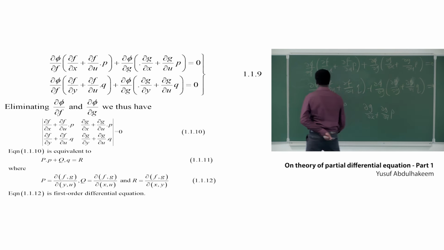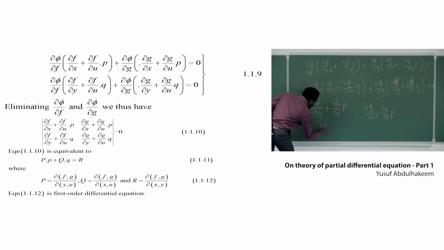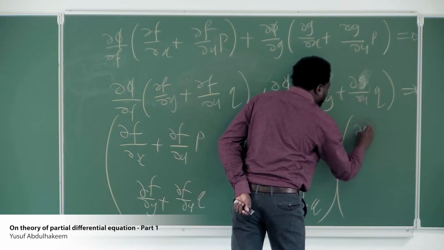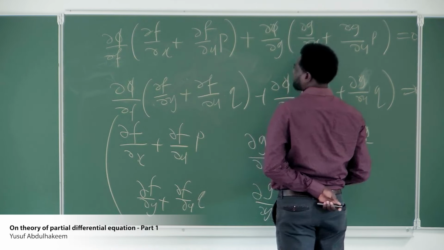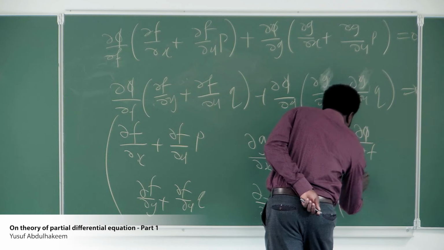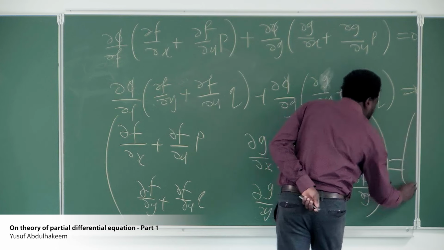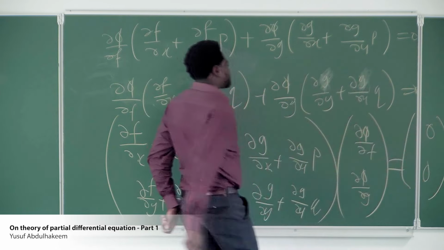Then the next one we have ∂f/∂y plus ∂f/∂u, then we have q, then we have ∂g/∂y plus ∂g/∂u, then we have q. Then here now we can have our ∂φ/∂f and ∂φ/∂g, and we say everything here is equal to 0, 0. So this is what we have.